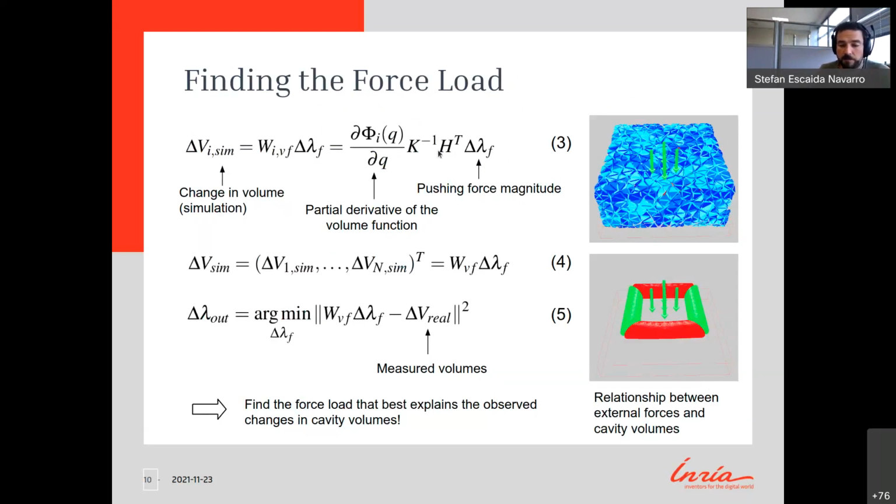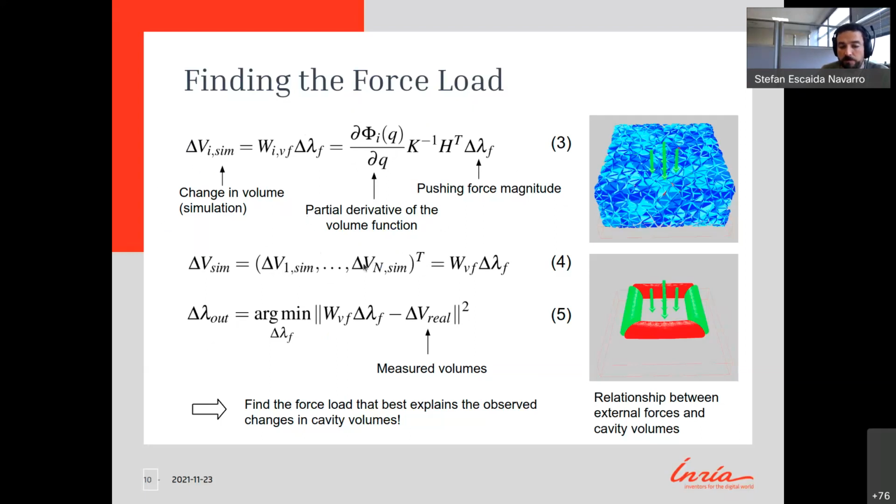The compliance matrix will transform the forces into node displacements, and then by using the partial derivative of the volume function, we obtain the changes in volume. So for this recipe, we need phi, which is the function that determines the cavity volume for a particular configuration of the FEM nodes, and the derivative with respect to the node position will give us the change in volume.